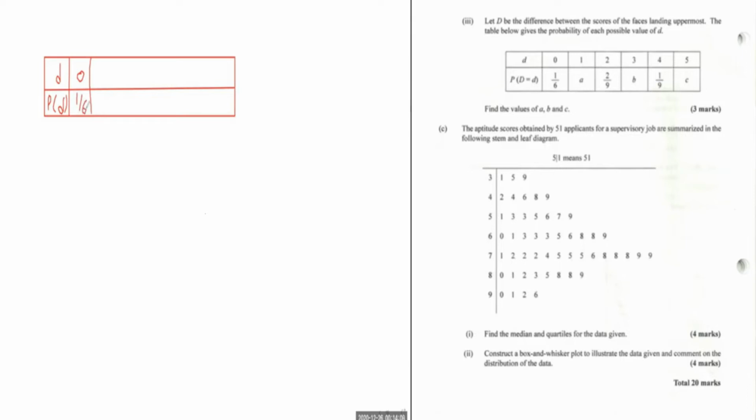The next one now is for the difference to be 1. Let me show you what you can throw. The possibilities are you can throw 1 and 2, or 2 and 1, or 3 and 2, or 2 and 3.